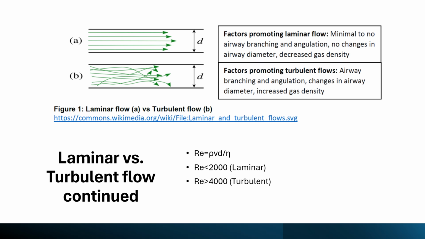A Reynolds number of less than 2000 is typically associated with laminar flows, versus a Reynolds number of more than 4000, which is typically associated with turbulent flows. And on the top of this slide, you see different factors which promote laminar versus turbulent flow.